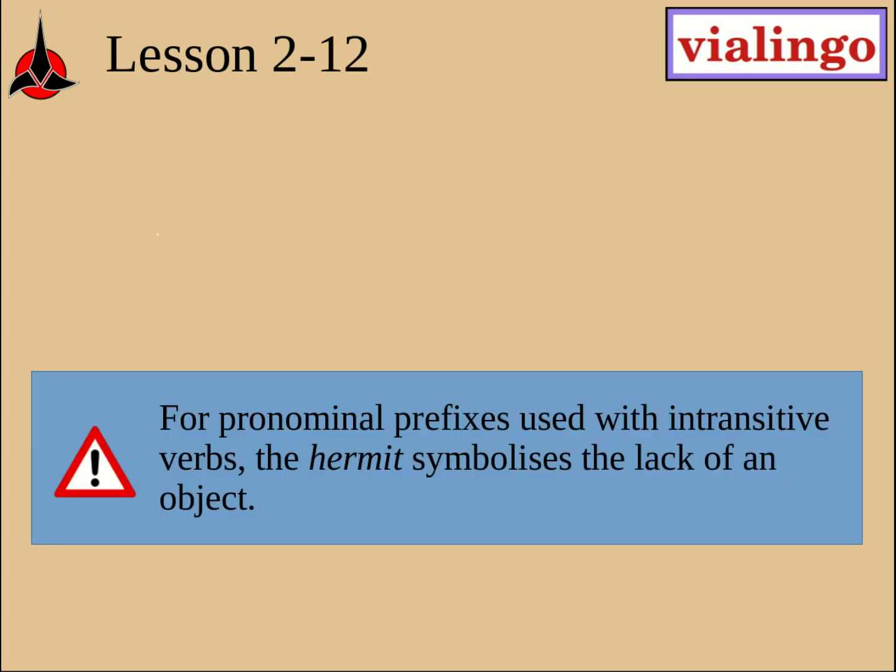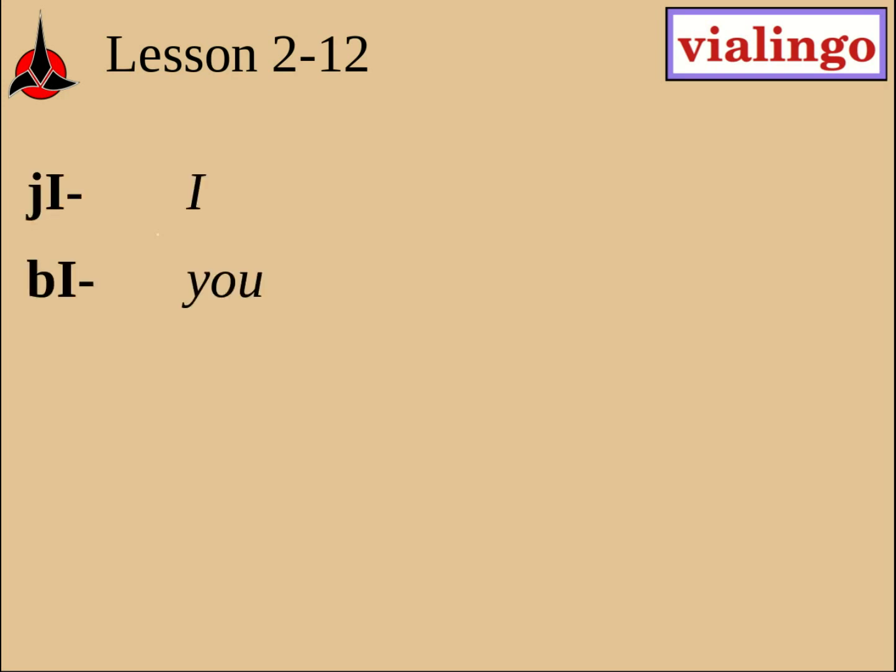For the linguists among you, j and b are prefixes used with intransitive verbs. The hermit symbolizes the lack of an object. So, imagine a lonely hermit living in a damp cave. The hermit lets out a loud cheer when a bee flies into the cave. J for I, B for you.